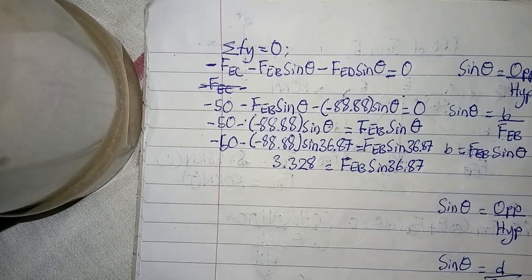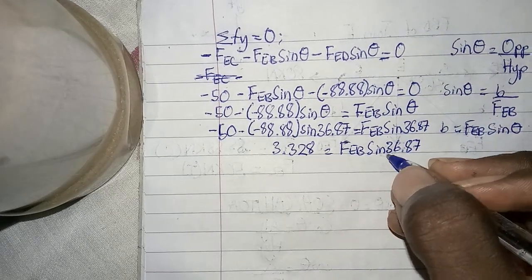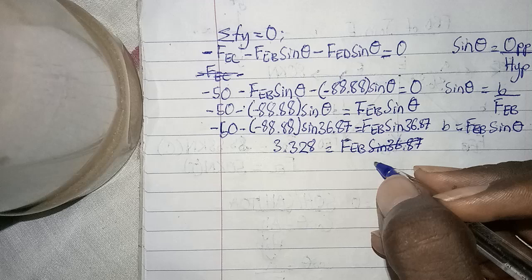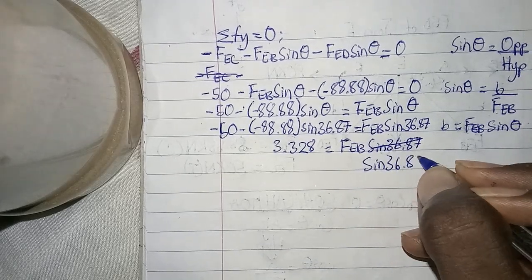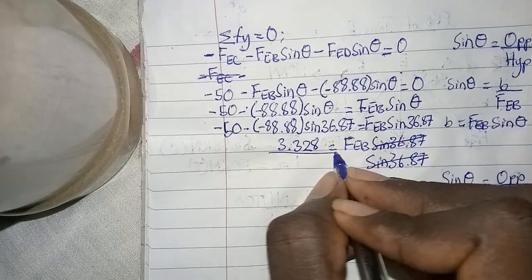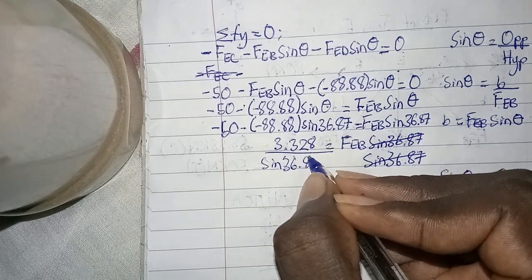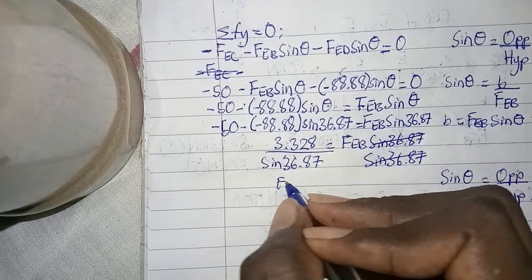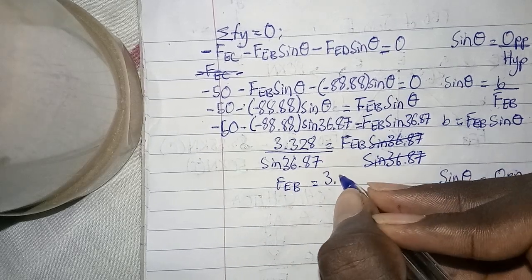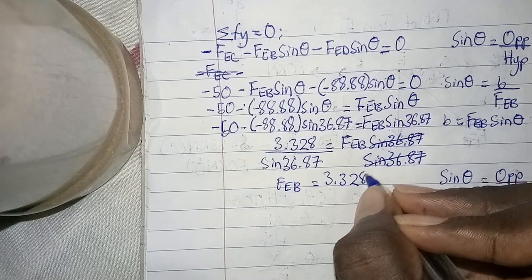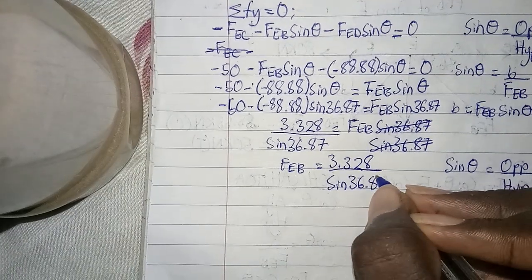So we divide both sides by sine 36.87. They will cancel. Then we are going to get sine 36.87, so force EB will be equal to 10.28 all over sine 36.87.